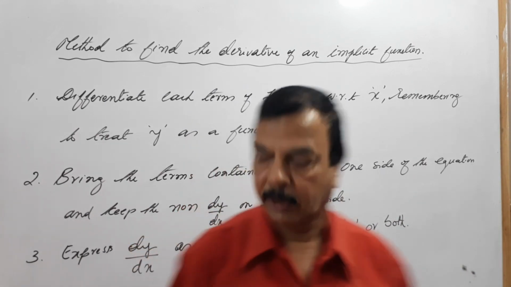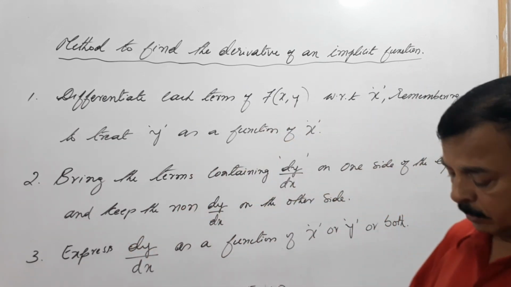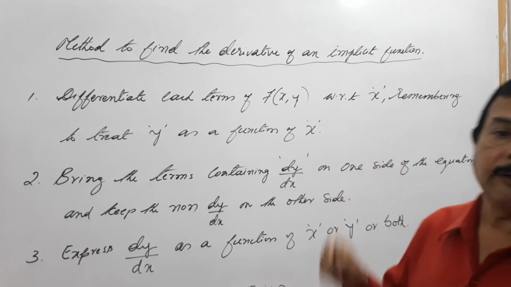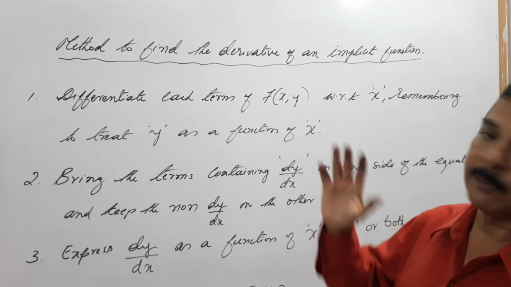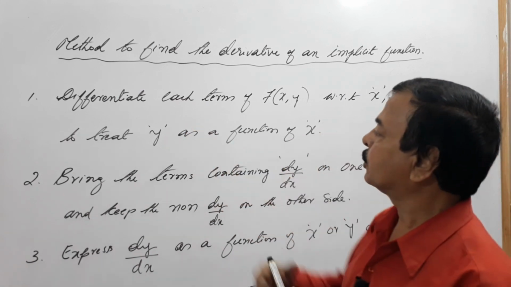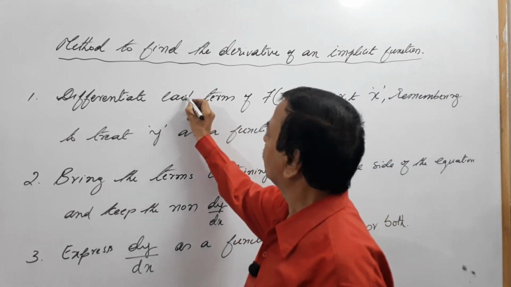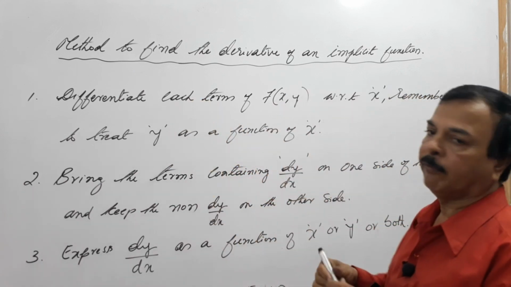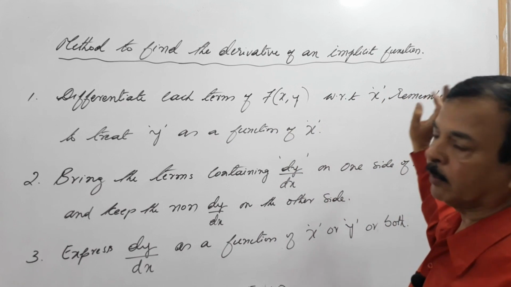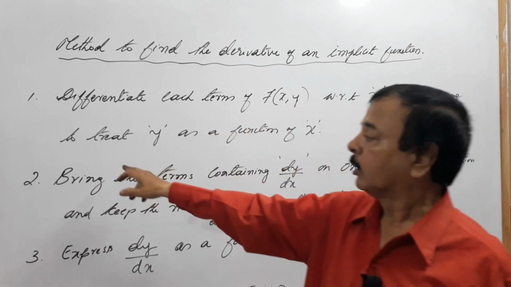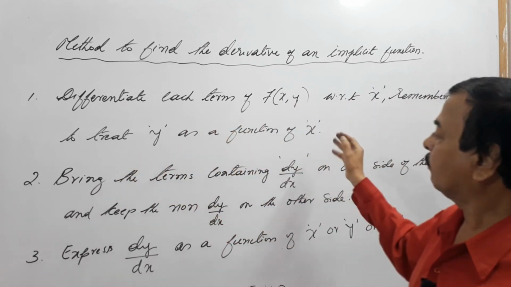So dear students, these are the methods to find the derivative of implicit functions. First point, I repeat, differentiate each term of f of xy with respect to x, remembering that y is a function of x.